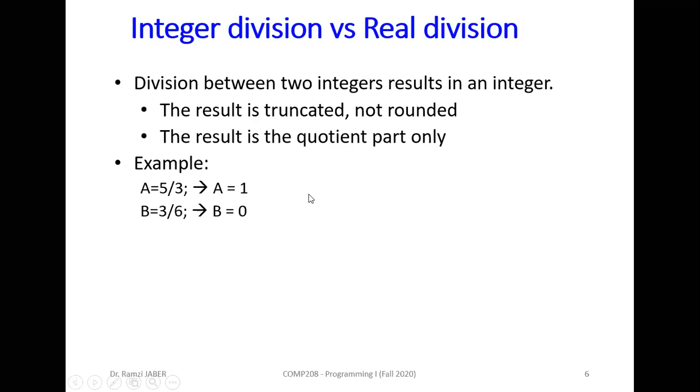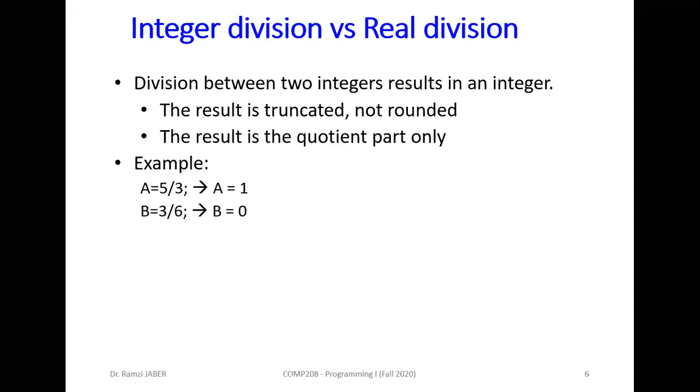Example: 3 over 6 will give us 0, not 0.5, because we have integer over integer. So be careful with arithmetic in C: integer division gives only the quotient part, an integer.